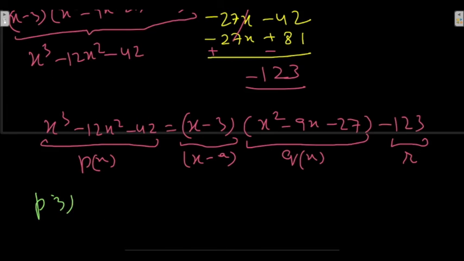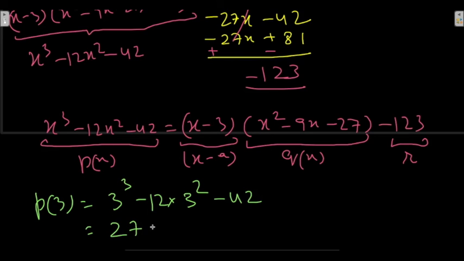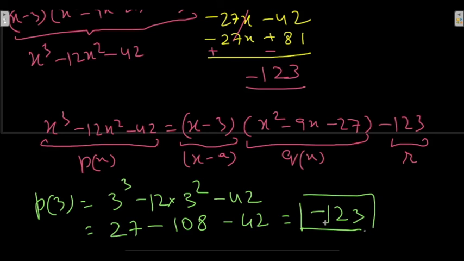P of 3 means 3 cube minus 12 times 3 square minus 42, which is 27 minus 108 minus 42, and which gives us minus 123. And this is the same as what we got here, minus 123, and that proves our remainder theorem along with the example.